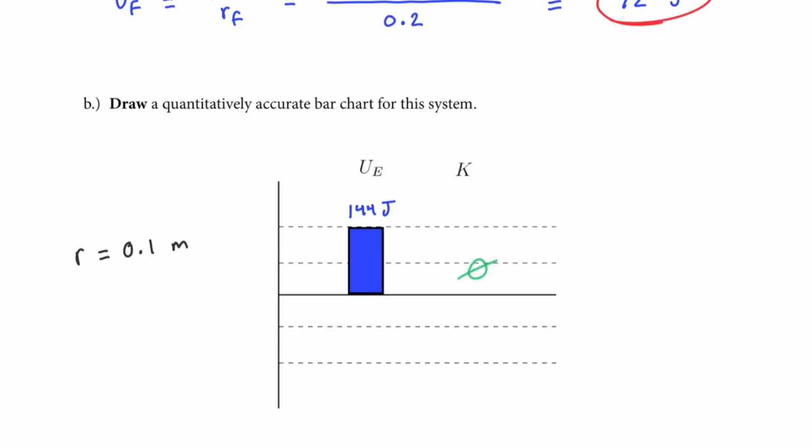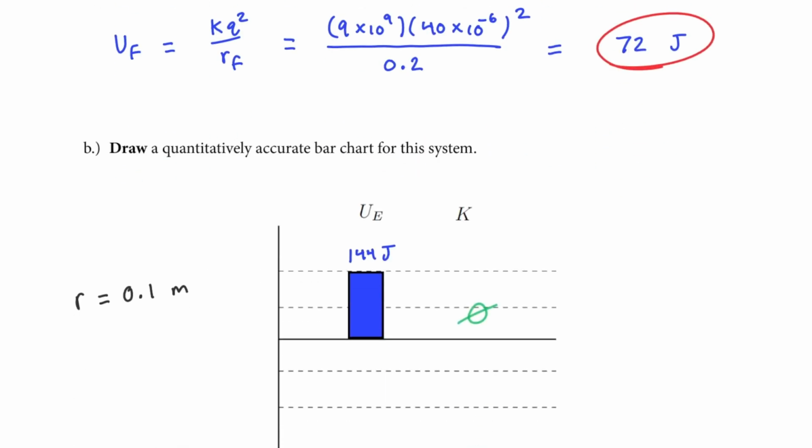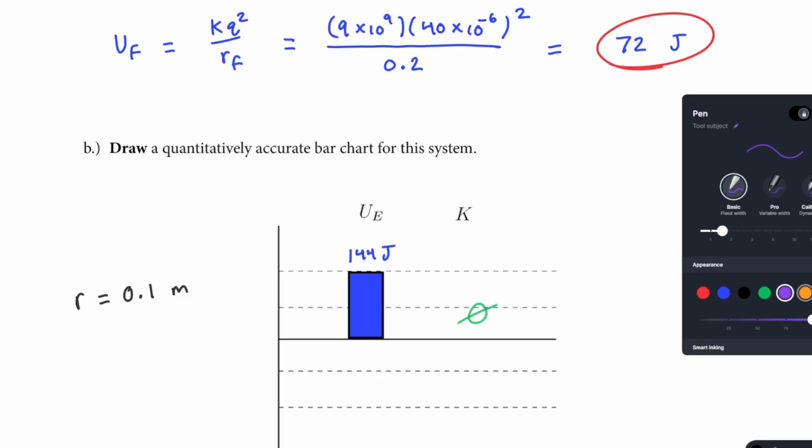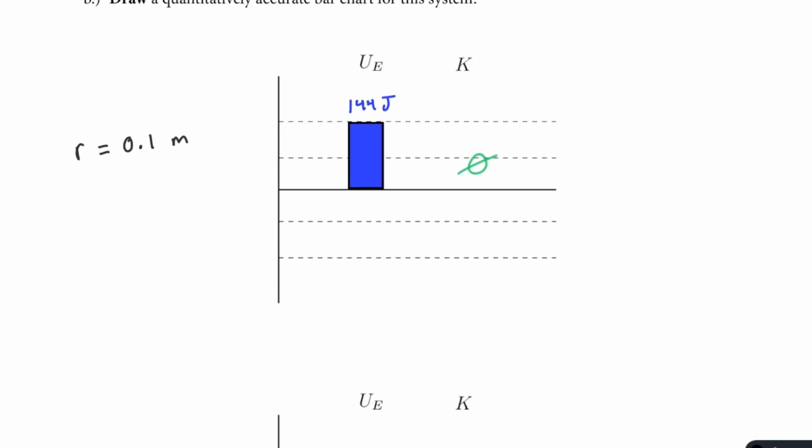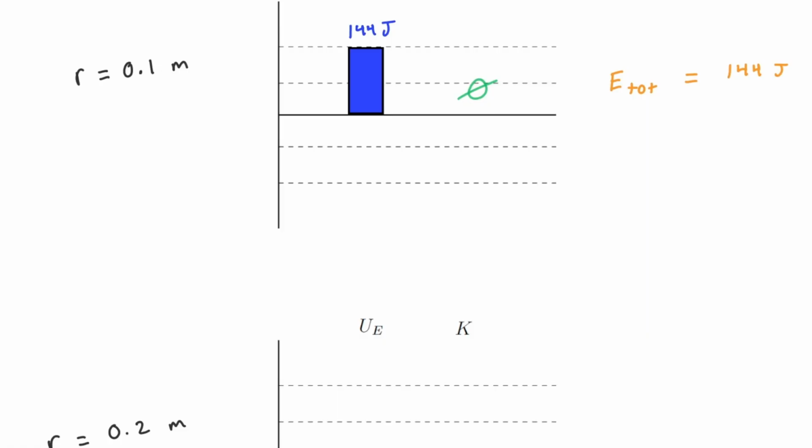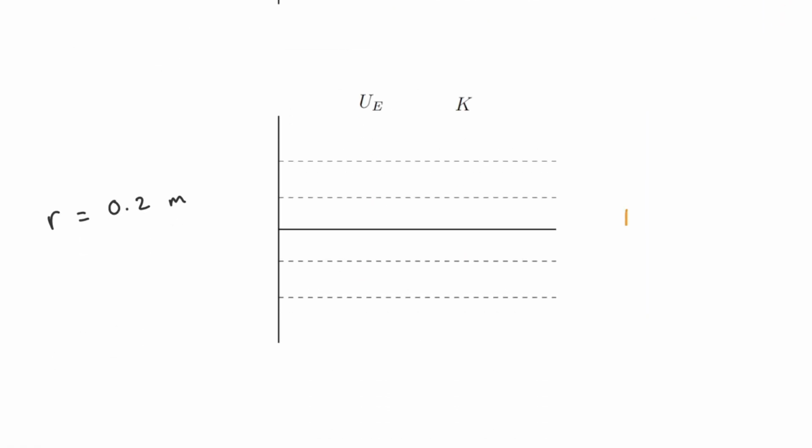Now we can come down here, and it might be helpful to give yourself a little E total line, or just a note that in this system, the total energy is equal to 144 joules. So we know this also has to be true in the final state, that the total energy is 144 joules.